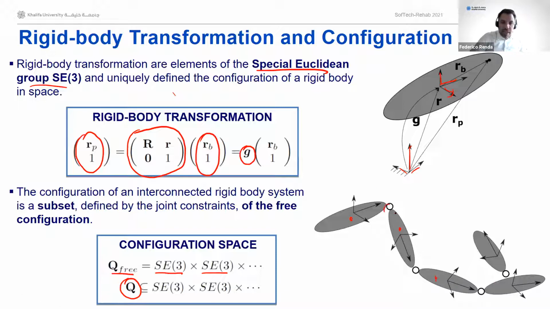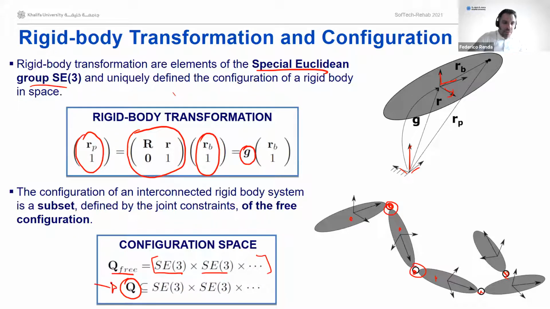Then the interconnection limits this space, so those bodies are not free to move everywhere. So the configuration space is not the full set of the special Euclidean group, but a subset specified by the kind of constraint introduced by the joints.